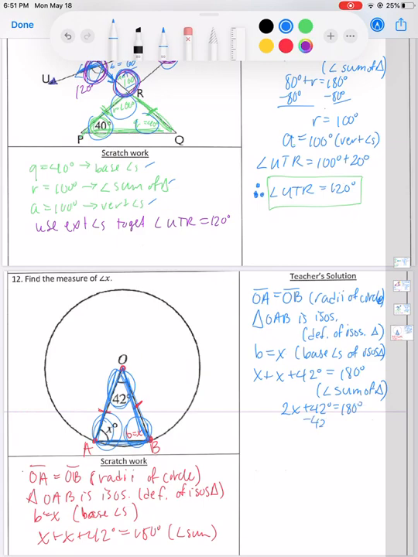Subtract 42 from both sides, and we have 2x is equal to 138 degrees. Divide by 2, divide by 2. X is going to equal 69 degrees. Okay, so that we have our answer there.